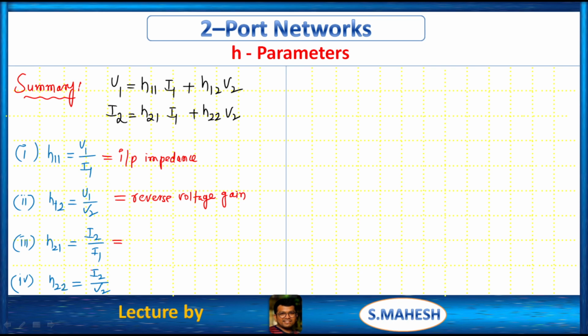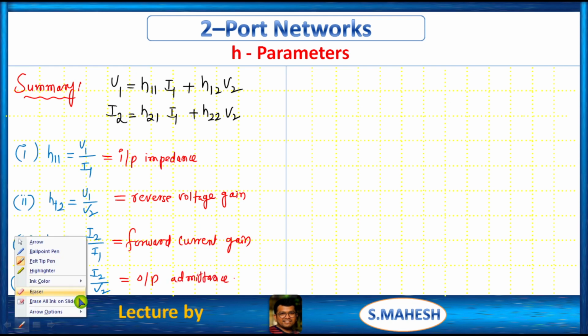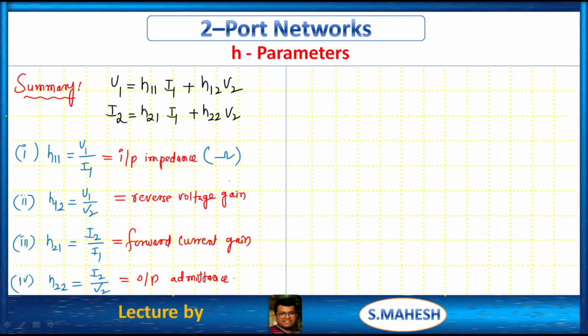H21 is I2 by I1, that is forward current gain. Coming to H22, I2 by V2, current by voltage, is output admittance. Clear? Now what are the units? Input impedance is in ohms. The two gains are unitless because they are constant values. Output admittance is in mhos.